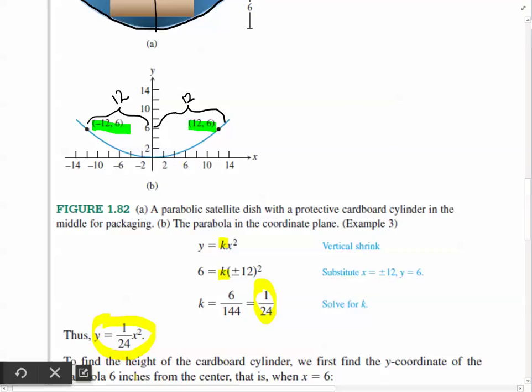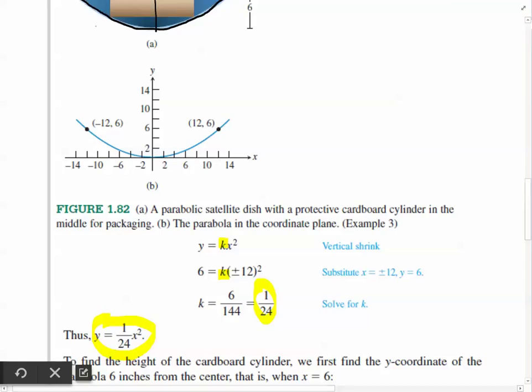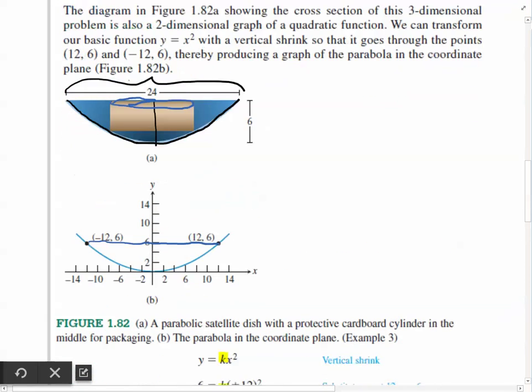So from there, let me clear some of this stuff out. If we place in the cardboard insert, okay, so here's the top, if I can draw straight. And the cardboard insert had a diameter of, they told us, 12 inches.